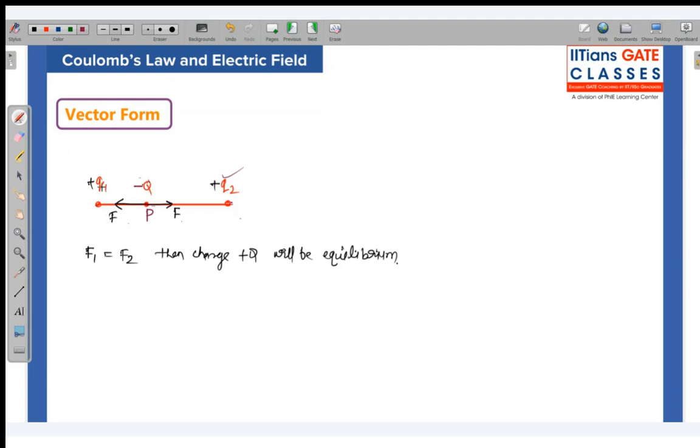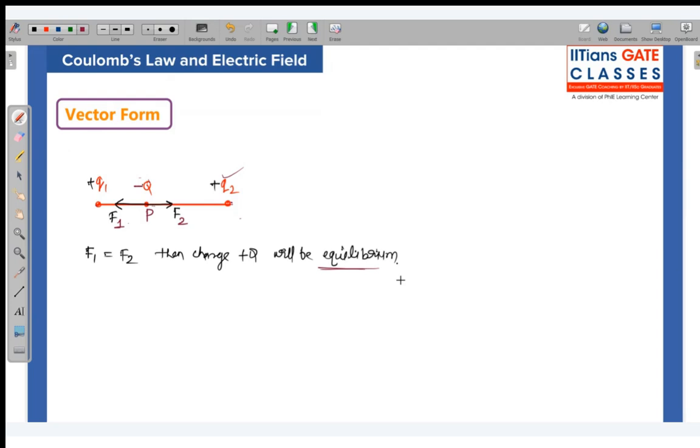So this charge Q1 will exert a force on minus Q towards left, which is F1, because this plus Q is attracting minus Q. Similarly, this Q2 will also attract this minus Q, hence the force will be attractive, and that is towards right. Now also these two forces are equal and opposite, hence the charge will be in equilibrium, no doubt about it.